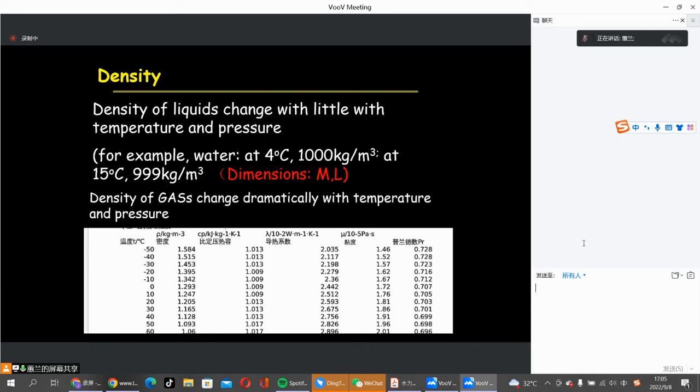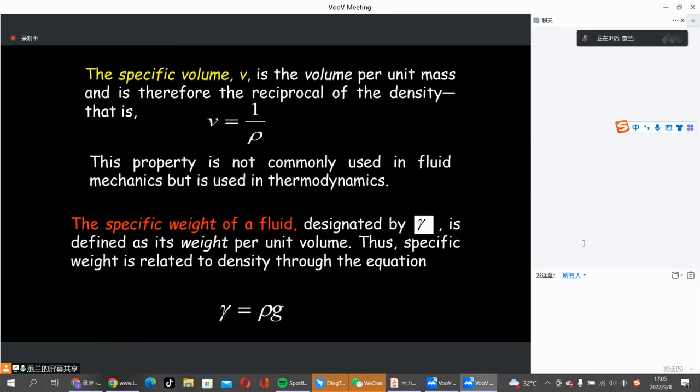However, for gas, its density changes dramatically with temperature and pressure. So when you talk about gas, you need to be very clear about its temperature and pressure. Sometimes instead of density, we use specific volume, especially in thermodynamics. Specific volume is the volume per unit mass and is therefore the reciprocal of the density.